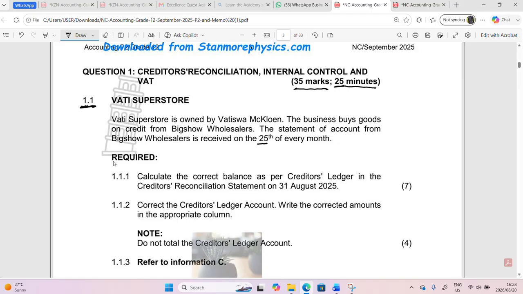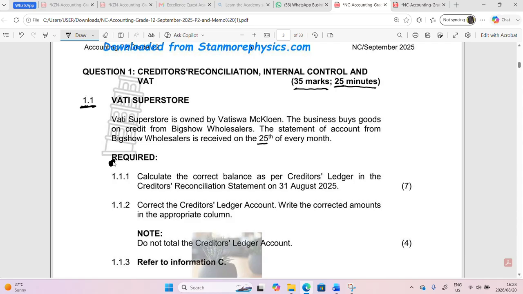A statement of account is an external document that we receive from our supplier. This credit statement will reflect, one, goods that we bought on credit.